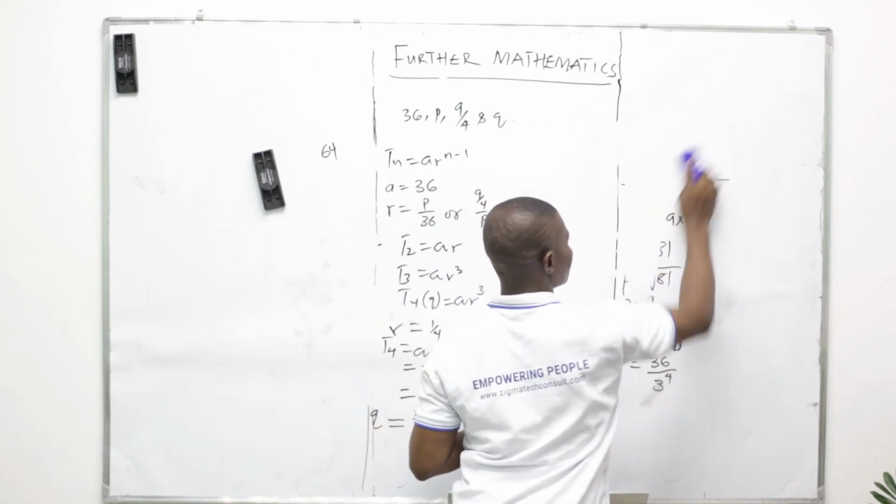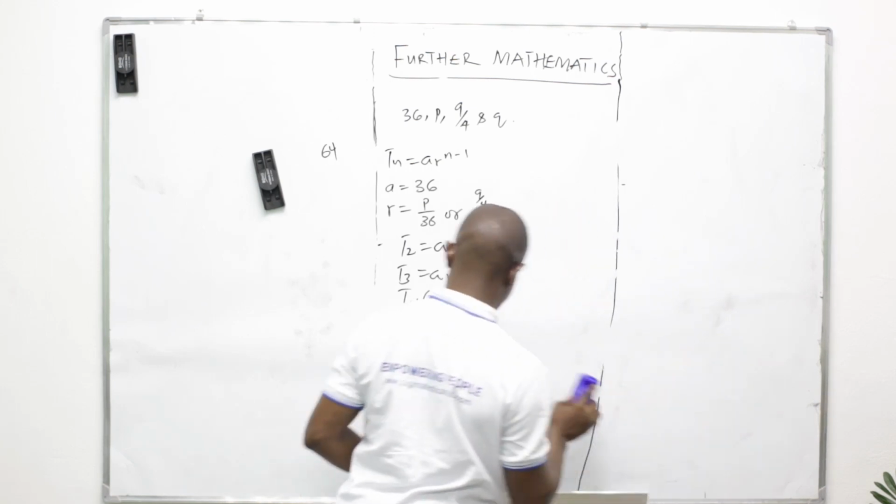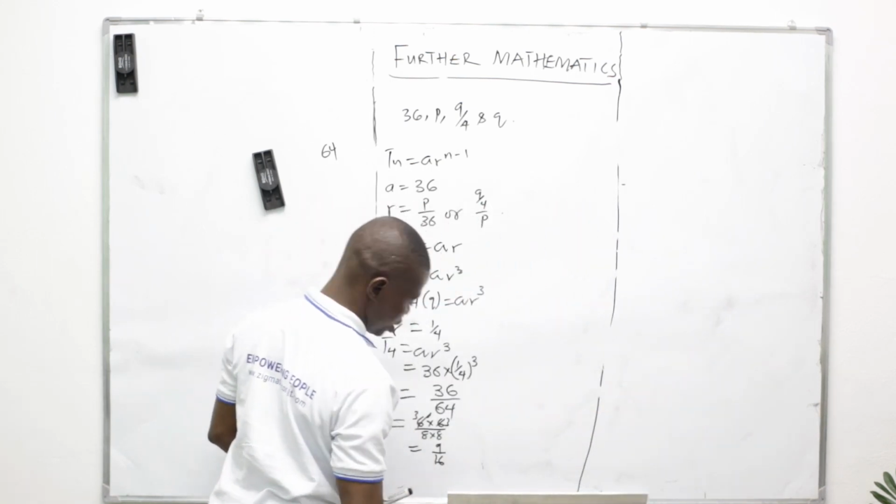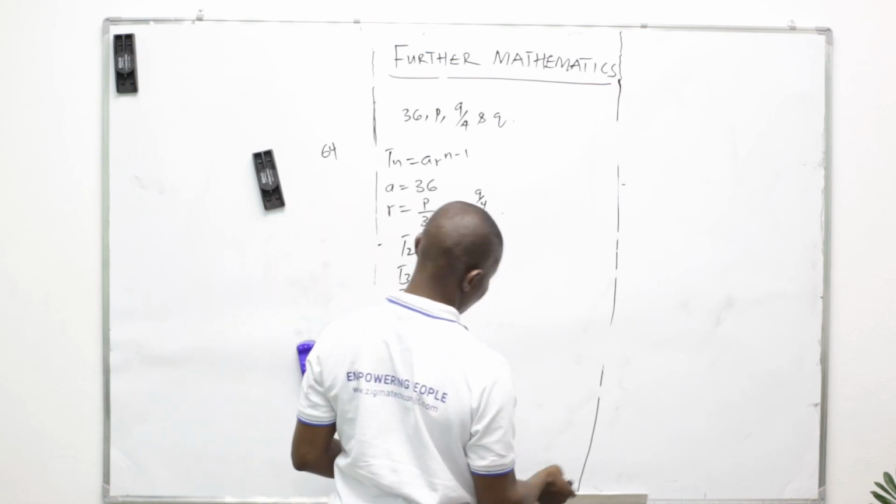Our P still remains 9, and Q is 9 over 16.